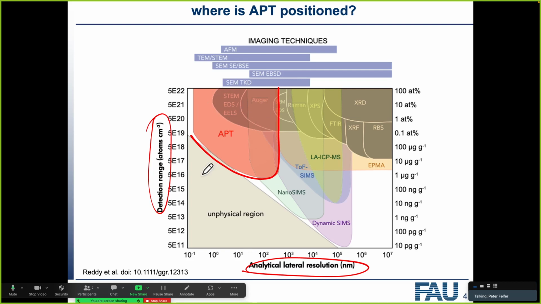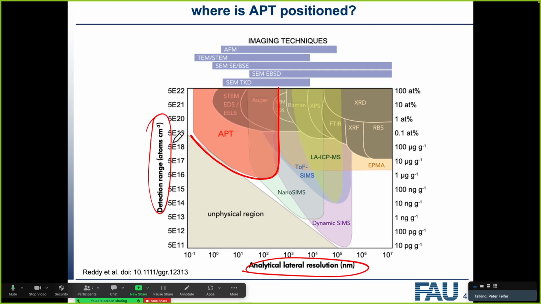Which is on one hand great because it's a use case for the instrument, but on the other hand you have no way to cross-verify your results because there is no alternative technique that you can use to cross-check. Sometimes you can use analytical electron microscopy, which can reach similar spatial resolutions, but not analytical sensitivity and accuracy.